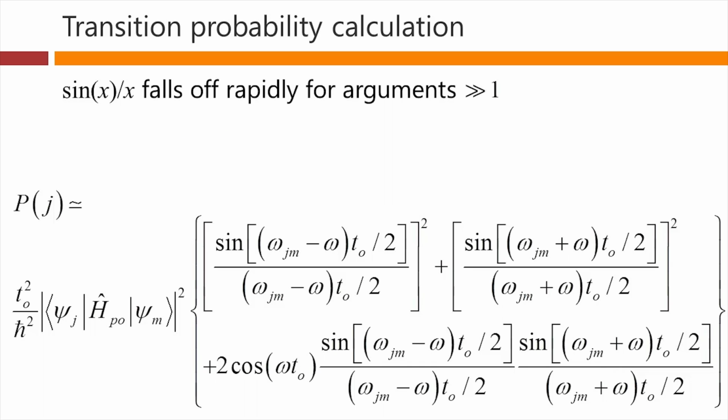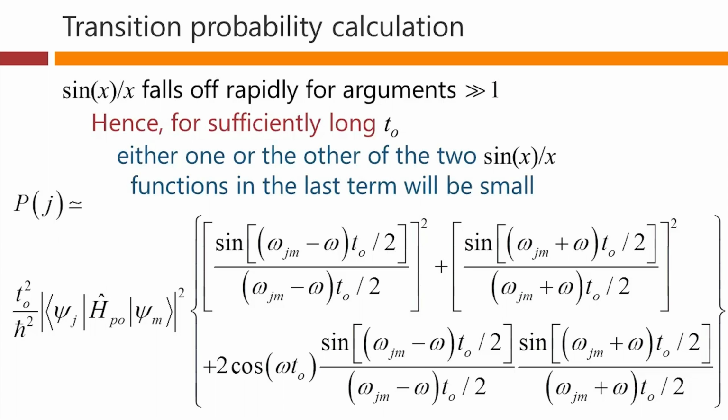Well, as we know, the sinc function, the sin x over x-like function, falls off rapidly once the argument gets much larger than 1. And here, for sufficiently long t0, that is, for a perturbation that's been on for a long enough time, either one of these two will be very small. Even if one of them was large, the other one would have to be small.